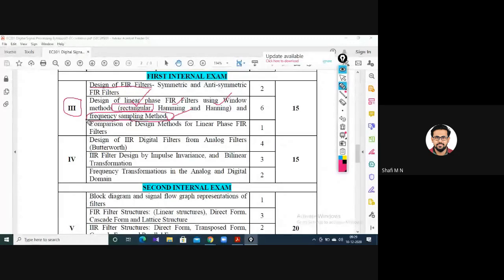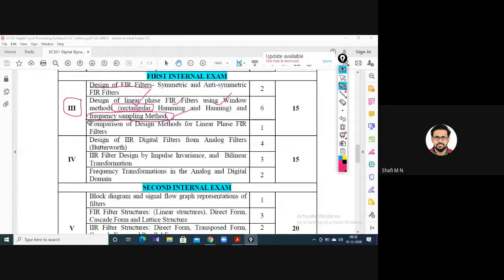So as you are sampling, the desired response, what I'm expecting, and the designed response, what I have achieved, will be more or less the same at the points of sampling. So if you are concerned about certain frequencies, you should take care that while sampling, your concerned frequencies are included in the sample.